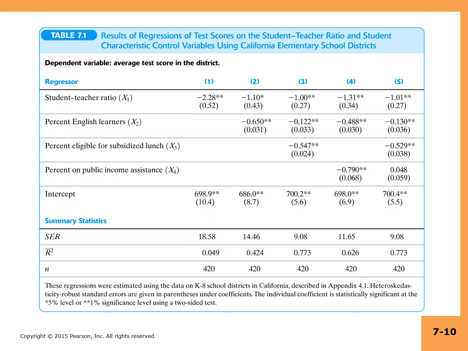So here's a standardized table that is often used to present the regression results. Usually the regression coefficients are presented first, and the standard errors are presented in parentheses underneath the coefficients. Each column represents one regression, so in this case, we have 5 different regression models.